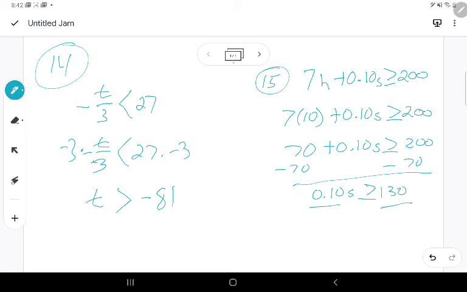Then divide both sides by 0.10, and s is greater than or equal to 1,300. So I would say s equals 1,300. She would have to make 1,300 in sales and work 10 hours in order to make $200. Okay? All right.